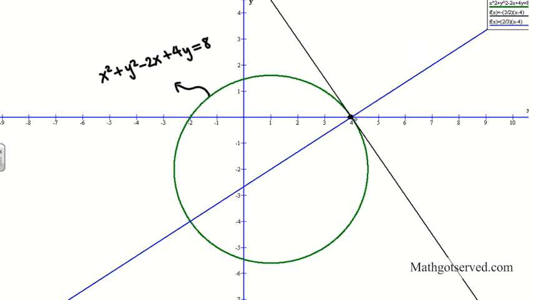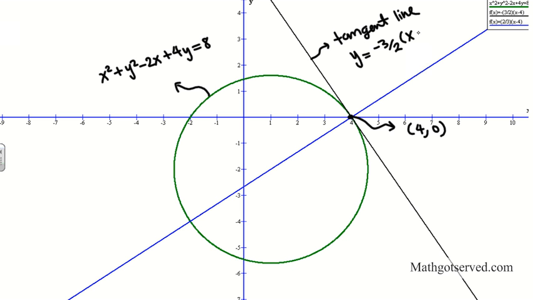This is the point of evaluation, the point (4, 0). And this line in black is the tangent line. It has the equation y equals negative 3 over 2 times x minus 4. We can see this tangent line touches the point exactly at (4, 0). We see how it's tangent to the curve.